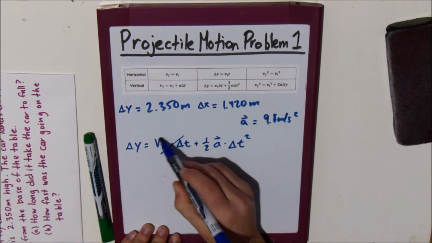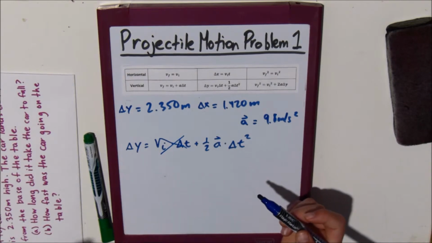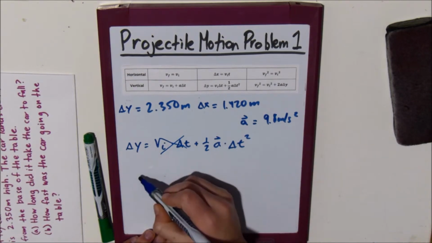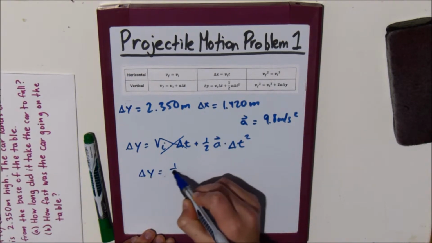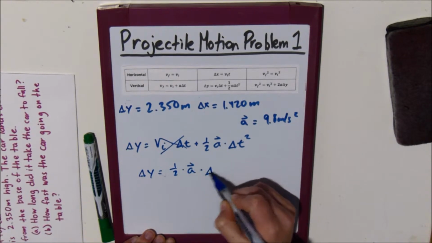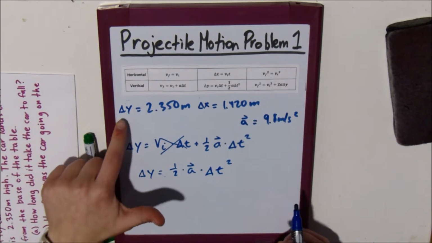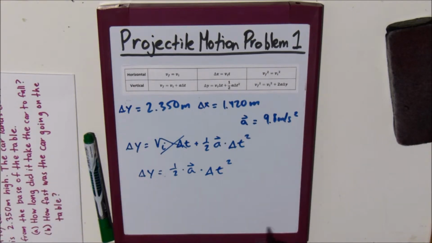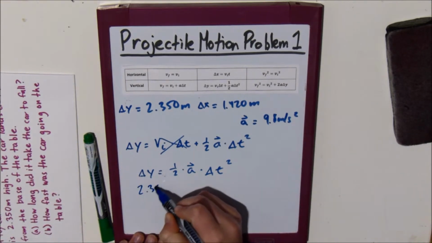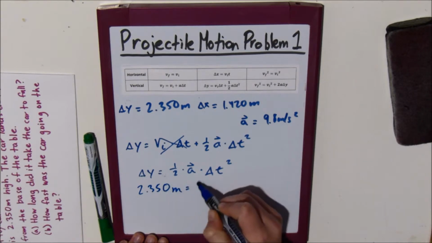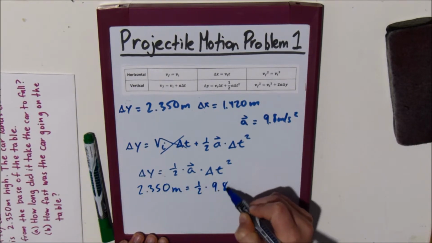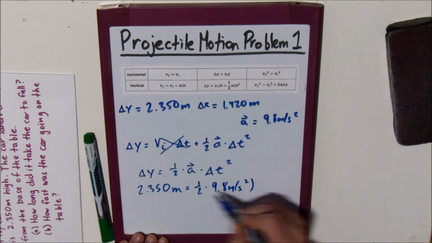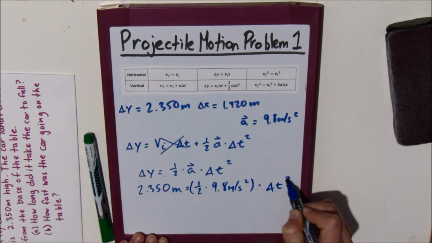So we can basically just cross out this entire part of the equation, which makes it easier, right? So now we have delta y equals 1/2 times acceleration times delta t squared. And now since we have delta y and acceleration, we can solve backwards for delta t, right? 2.350 meters equals 1/2 times 9.8 meters per second squared times delta t squared.